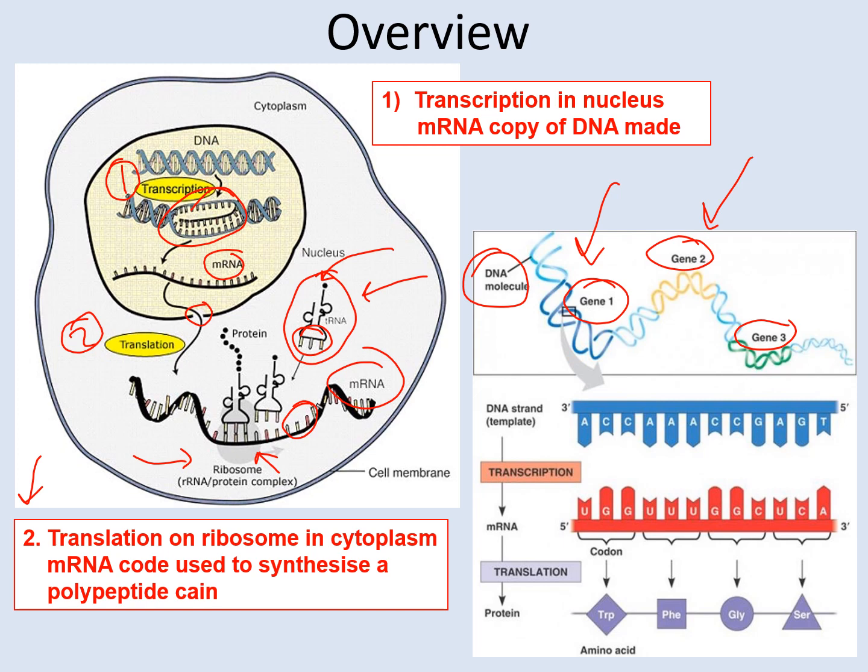Okay, so if we look at the DNA strand, here we're looking at the template strand. DNA is a double helix, and one of those strands is used as the template strand for forming a messenger RNA molecule.